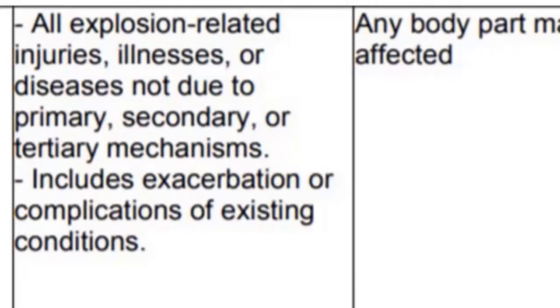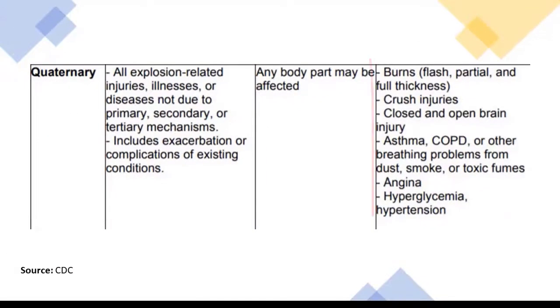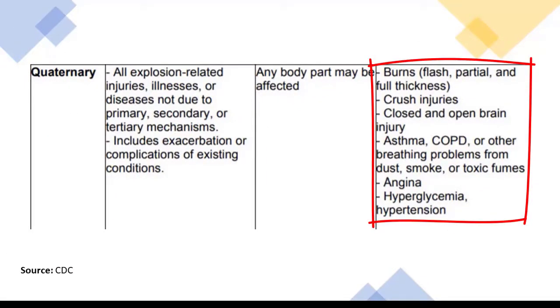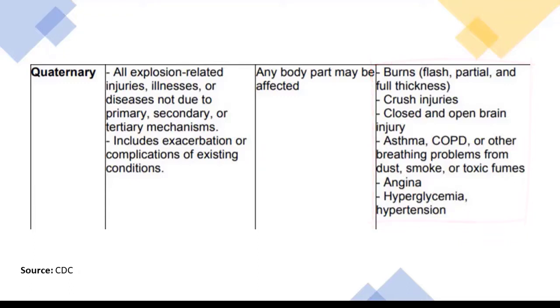And these include burns, flash burns, partial, full-thickness burns, crush injuries, closed and open brain injury, asthma, COPD, and other breathing problems, angina, hyperglycemia, and hypertension. All these can be considered blast effects of an explosive incident. Even though they might be somewhat removed from the actual incident, they are certainly a result.